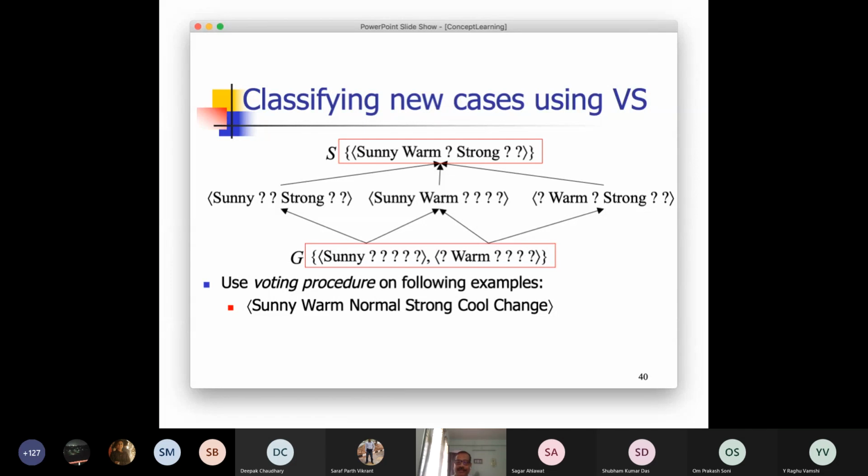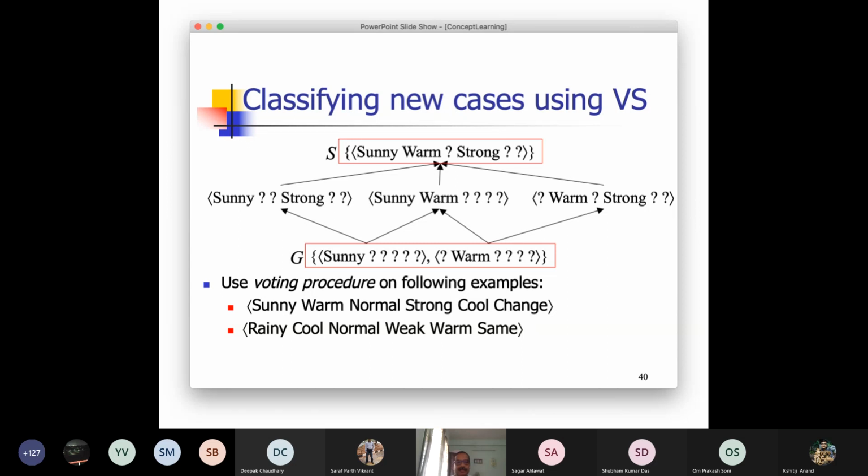Did you check all the hypotheses one by one? The most specific hypothesis satisfies. If it is accepted by the most specific, you can extend that, because that is the property of generalization. Since it is accepted by the hypothesis in S, it should be accepted by all other more general hypotheses in that version space. So that is the first way of checking, instead of checking everything.